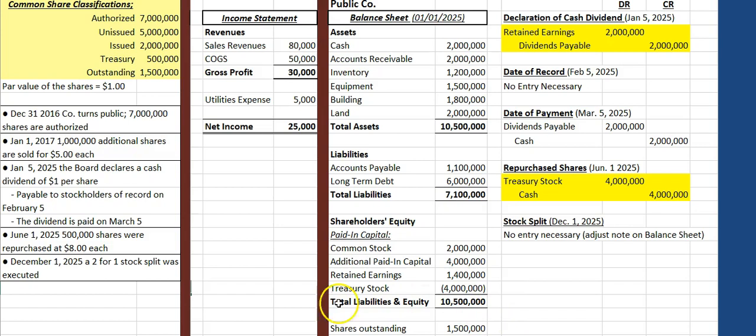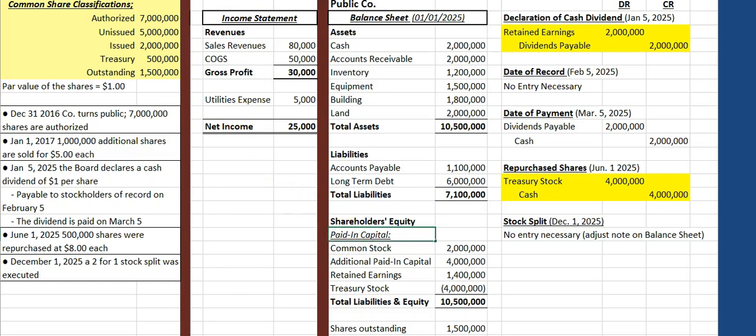I also forgot to add very quickly this last step here, stock split. Okay, so let's take a look at stock split. It says December 1, 2025, a 2-for-1 stock split was executed. So there's no entry necessary for stock splits, okay? Over here, typically what you're going to get is a note.